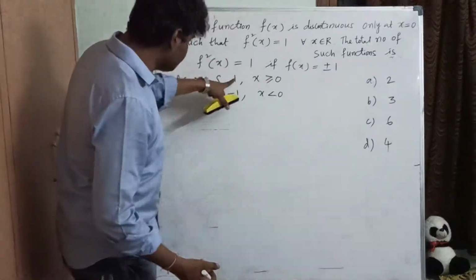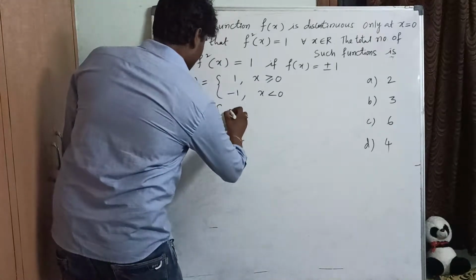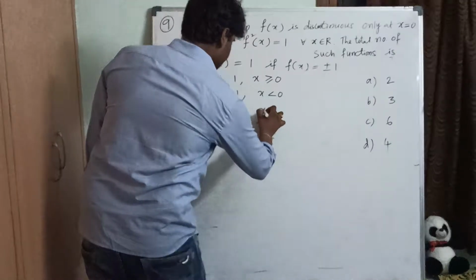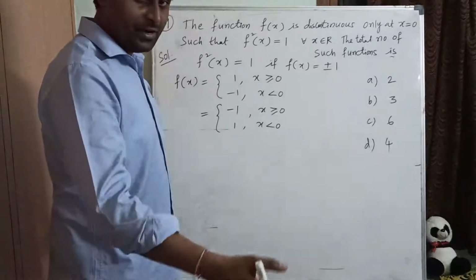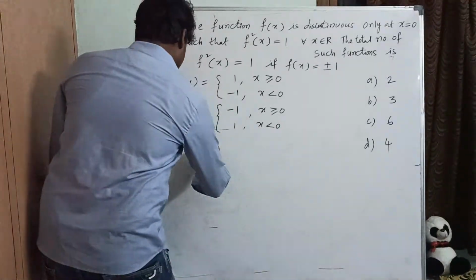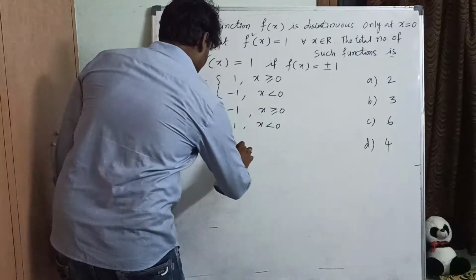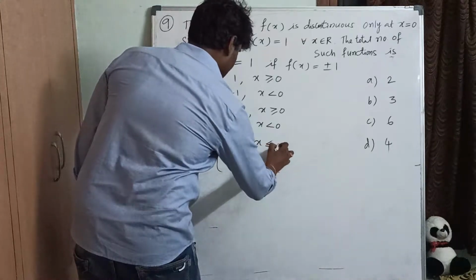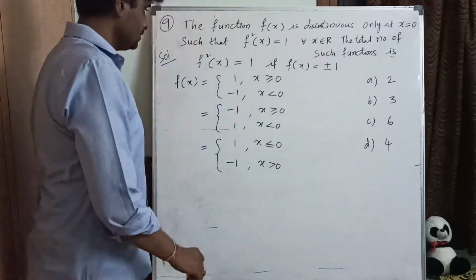Now can I shift this? Simple. See, here minus 1, here 1, of course by writing the same. So this also can be one type of function. Similarly, here 1, minus 1, let us shift this: x less than or equal to 0, now x greater than 0, correct?